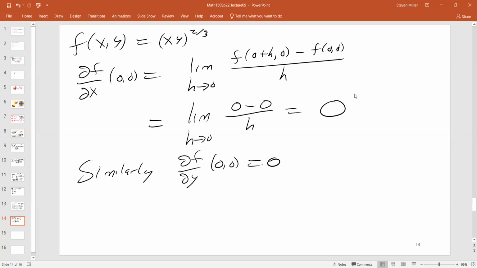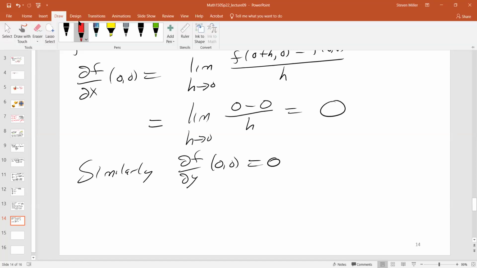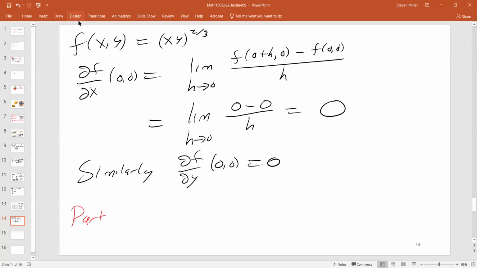So the partial derivatives exist, but the function is not differentiable. And this just shows you the danger of looking at problems like this.